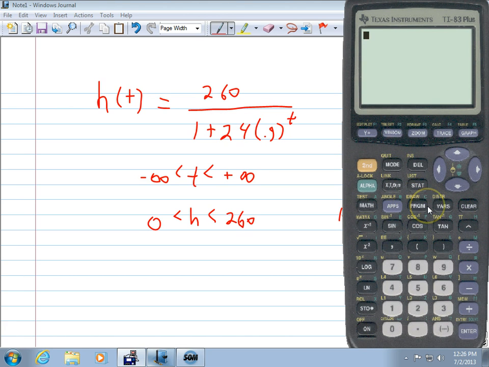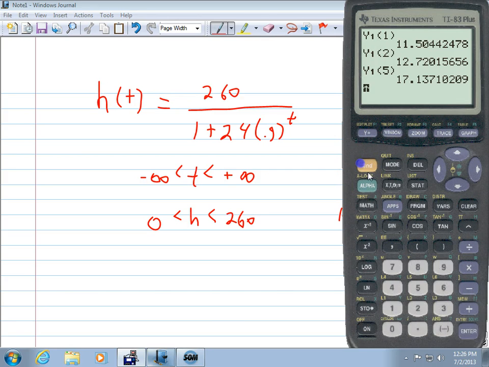You can use your Y1 here, though. You could say vars, Y vars, function 1, and then in function notation, in parentheses, you can plug in whatever you want. Of day 1, of day 2, of day 3. This is function notation, f of x, day 5. So the sunflower was approximately 17 centimeters tall in 5 days of growth.